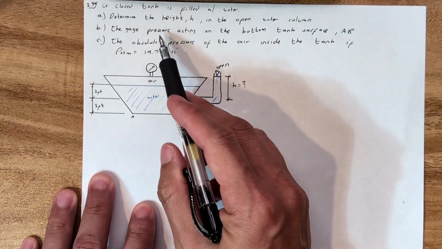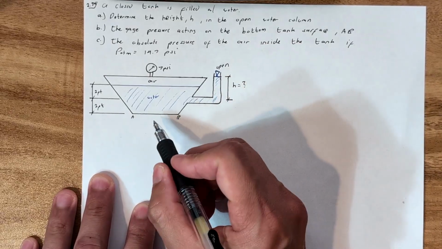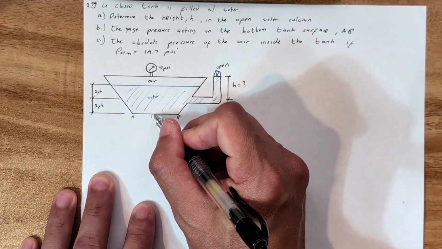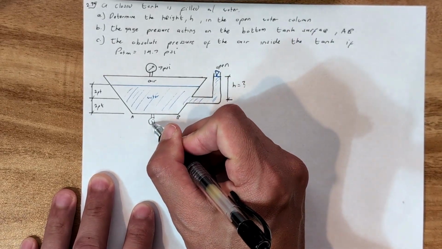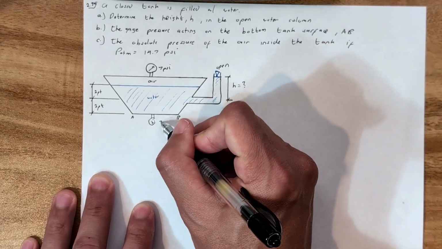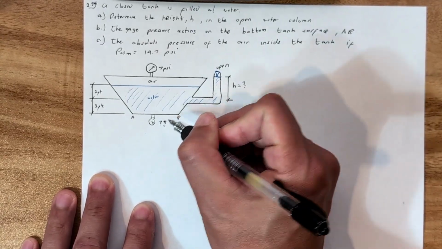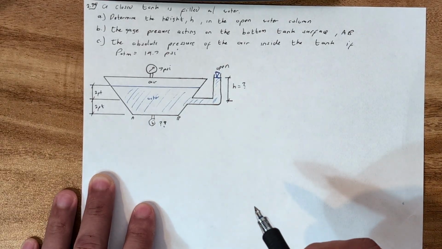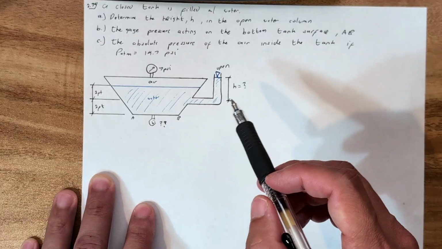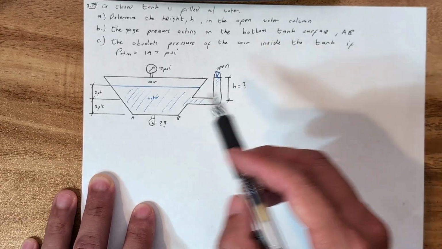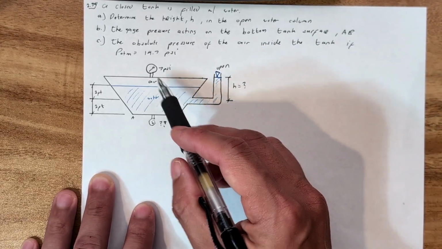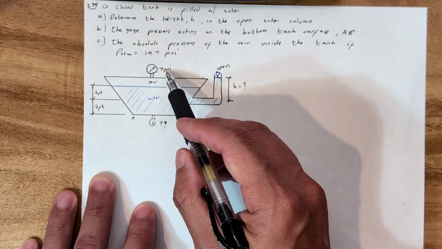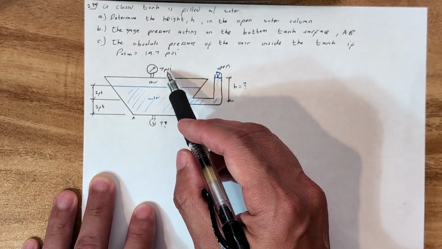We also want the gauge pressure. If we put a gauge over here, what is that pressure? And additionally, the absolute pressure of the air inside the tank, which is 7 psi in terms of gauge pressure.